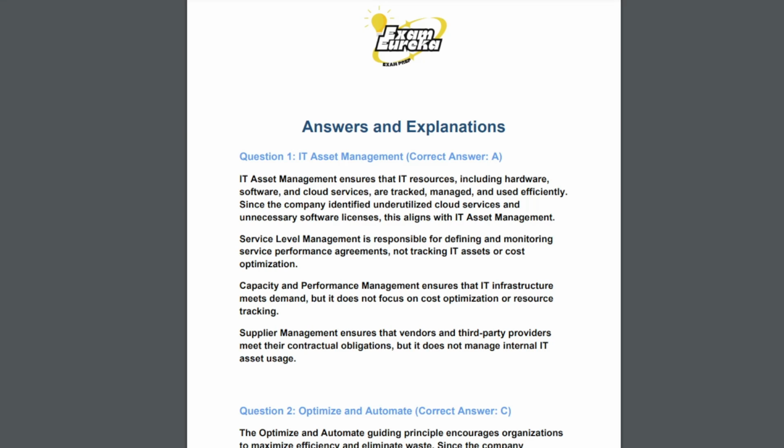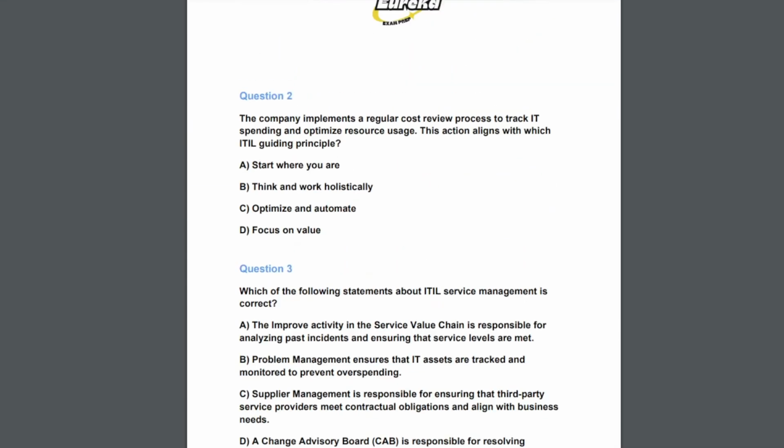Capacity and performance management ensures that IT infrastructure meets demand, but does not focus on cost optimization or resource tracking. Finally, supplier management. Supplier management ensures that vendors and third-party providers meet their contractual obligations, but does not manage internal IT asset usage.